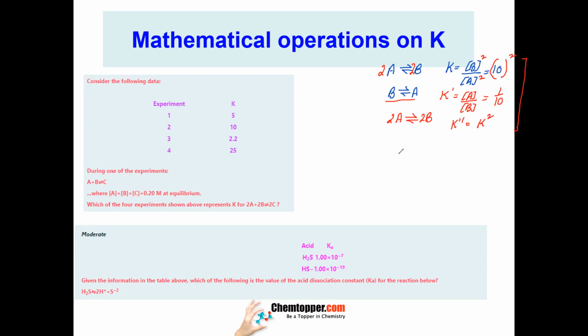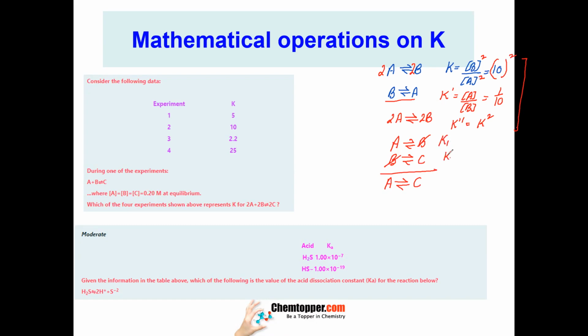And if I add two equations, A is in equilibrium with B. This is where we left last time. B is in equilibrium with C. I want to add these two equations. Then B and B cancel. Then A is in equilibrium with C. Let's say this is K1.